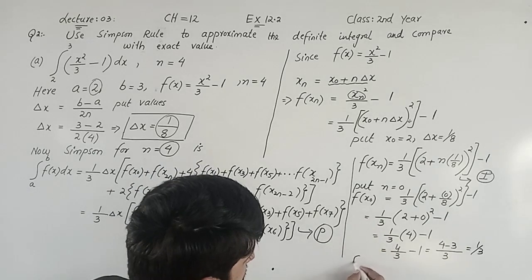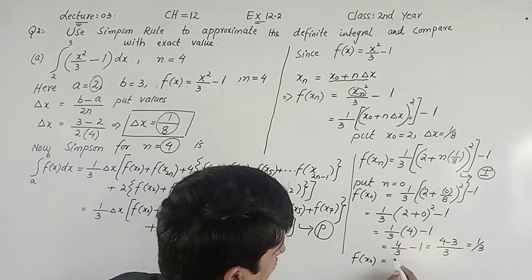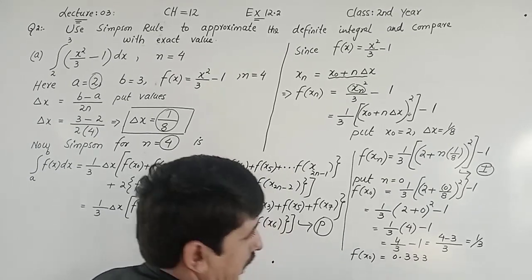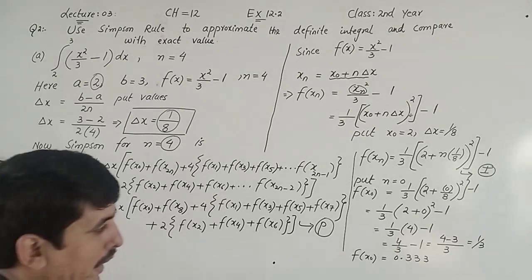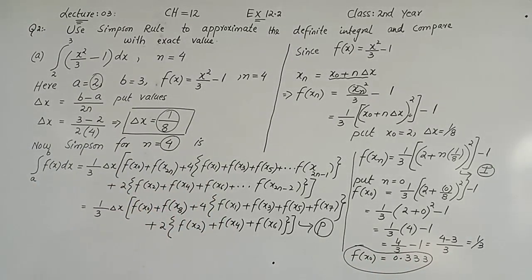So f of x naught is equal to 1 divided by 3 means 0.333. Clear? तो ये हमारे पास आ गया f of x naught की वैल्यू.